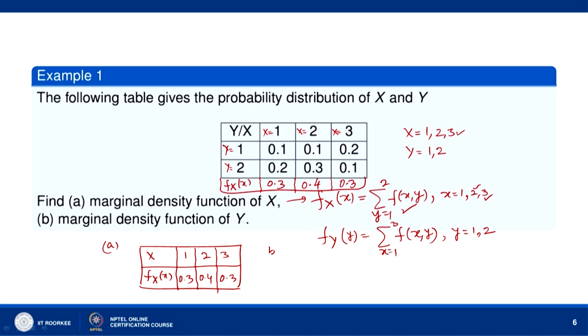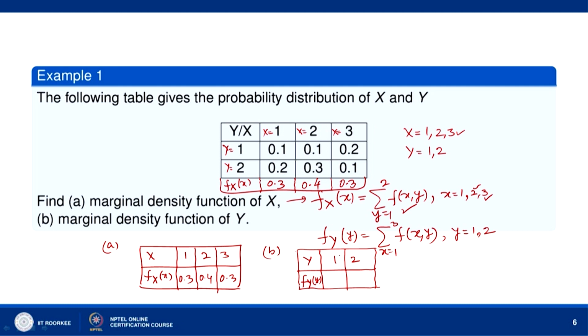Now part B. Now we want to find the marginal density function of y with respect to the joint distribution. So we have this. Our y is taking values 1 and 2, and we want f_Y(y).